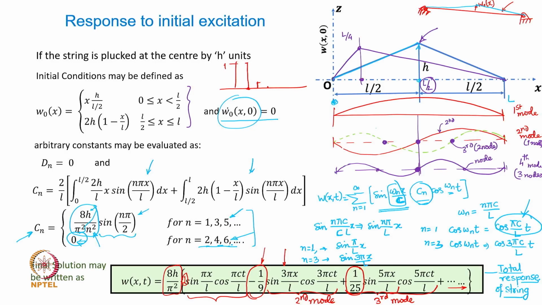And that is because the initial displacement that you have given is such that it is matching, to a certain extent, the first mode. It's not exactly a half sine wave, but it is reasonably close to the first mode.